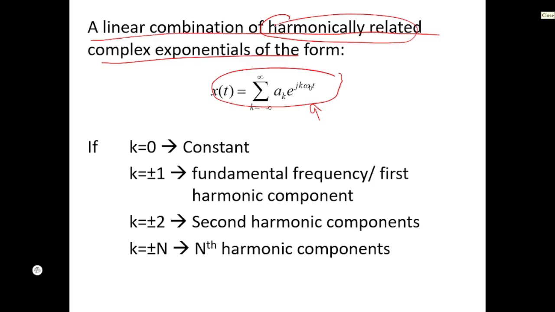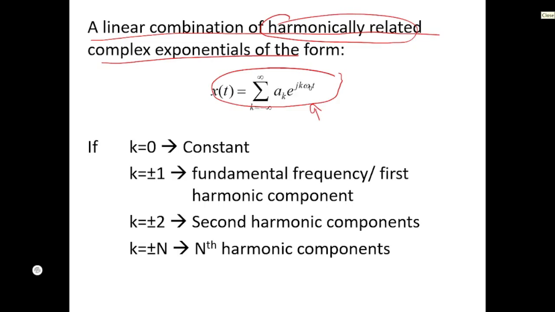When we talk about harmonics, say for example, if we are considering a 50 hertz signal, then we will have some frequency components associated with the 50 hertz signal. That means 50 multiplied by 1 is 50, then 50 multiplied by 2 is 100, then 50 multiplied by 3 is 150. So the frequency components at 100 hertz and 150 hertz are regarded as the harmonics of the original frequency component.